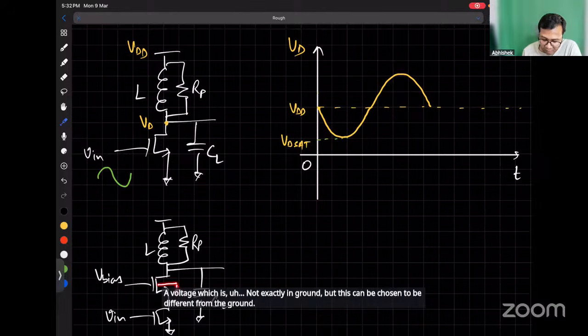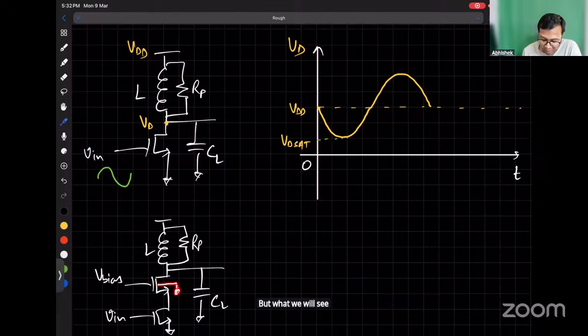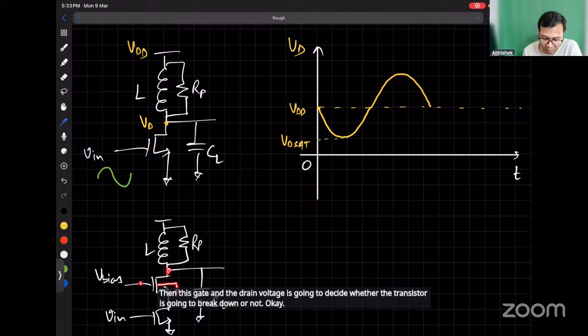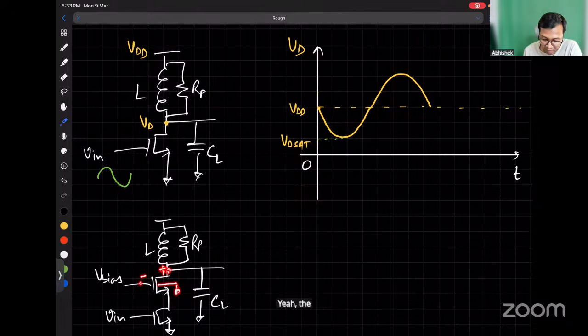But what we will see is that when this voltage is rising, then this gate and the drain voltage is going to decide whether the transistor is going to break down or not. So that is the most critical voltage difference which we have to be careful about.